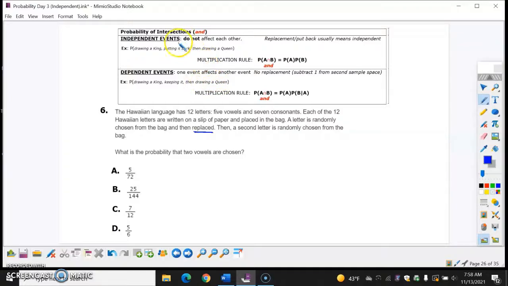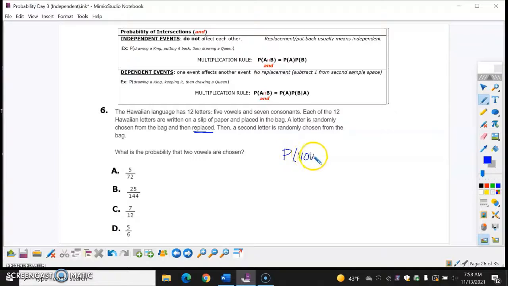If they're replaced, that usually means it's independent because you put it back, and the second event does not depend on the first event usually. What's the probability that 2 vowels are chosen? So since they're replaced, we're just going to use the multiplication rule.